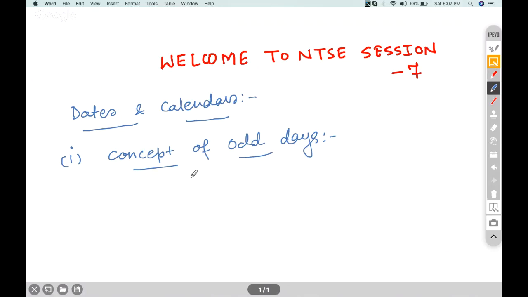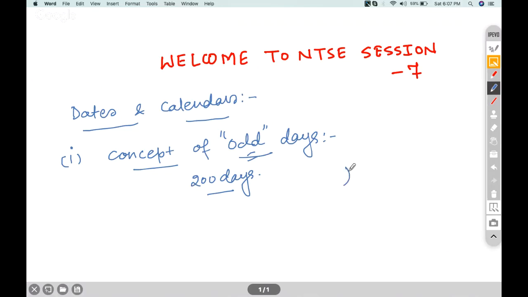If any number of days has been given to you, say 200 days, and somebody asks you the number of odd days in 200 days, you divide this by 7. Odd days means those days which are not part of any complete week. So to find odd days, I find the number of complete weeks, and whatever the remainder is, that is my odd days.